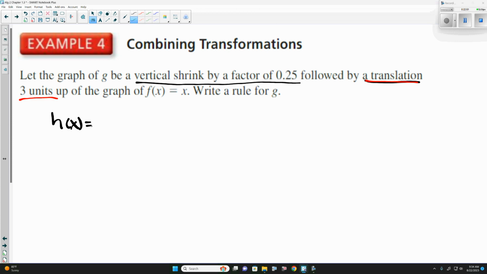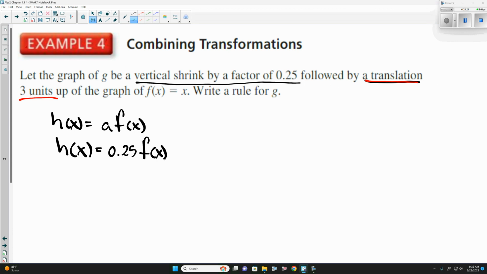The way that we name this isn't really important. I'm just giving it another name to do this middle step. So vertical shrink of 0.25. Well, vertical shrink is our a times f of x. What is our value of a? 0.25 or 1/4.